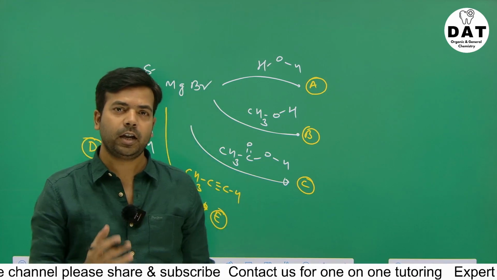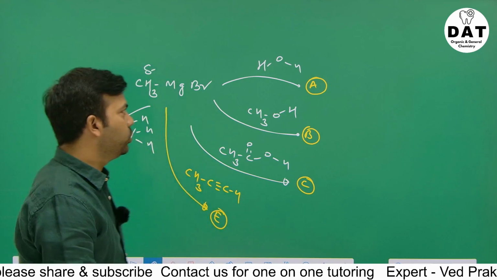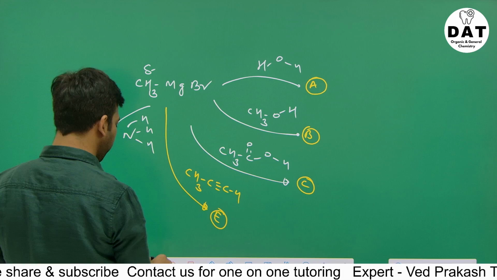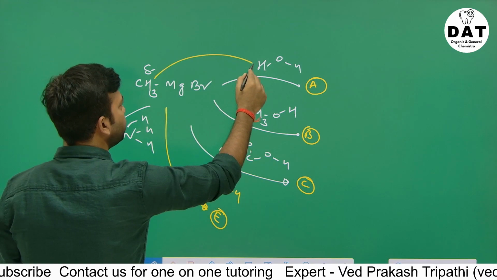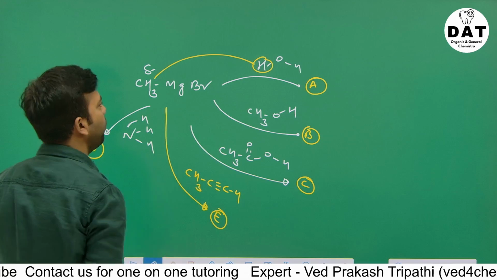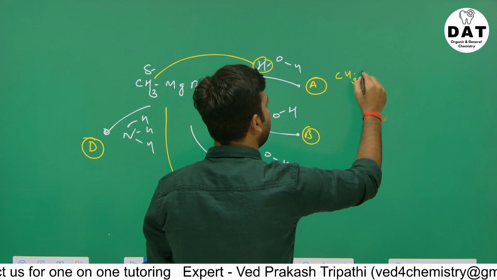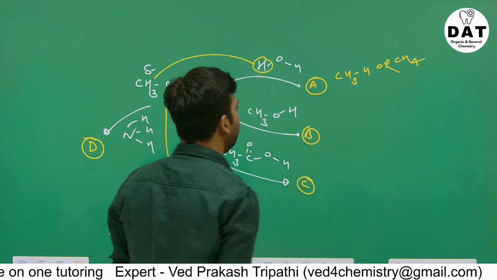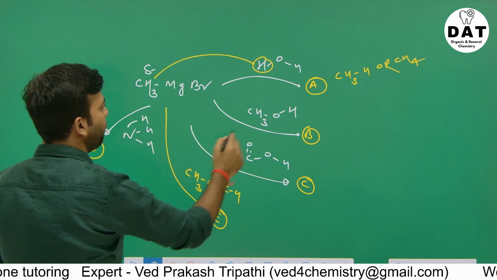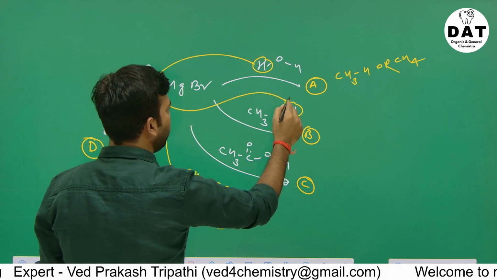then Grignard can grab those protons and make a hydrocarbon. So this CH3 is going to attack this proton and form CH3H, which is just CH4, methane. Here we have again acidic hydrogen, so this CH3 can grab this proton and again give CH4.